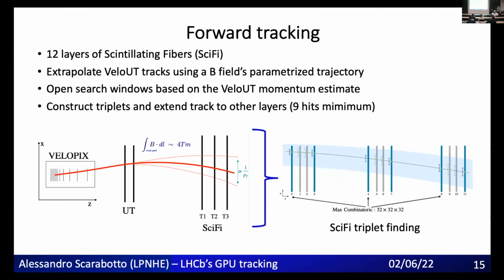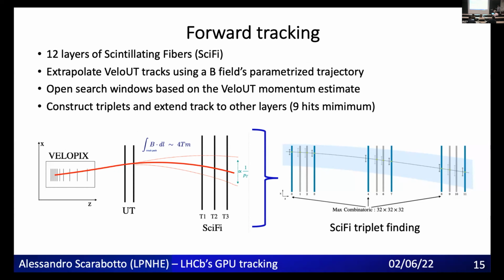So here the sci-fi is composed of 3 T stations and 12 layers of scintillating fibers, so 4 layers per T station. What we do is extrapolate our velo UT track using some B field parameterization trajectory to the sci-fi.